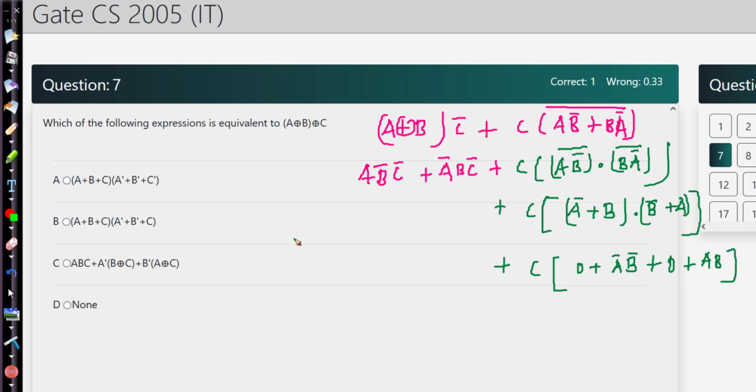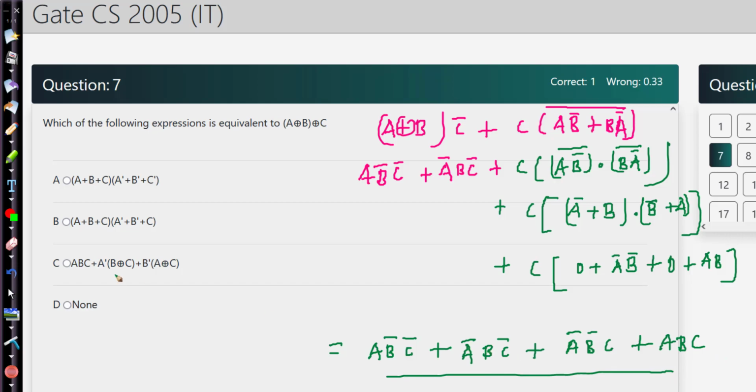So the expression A XOR B XOR C is actually equivalent to A B complement C complement plus A complement B C complement plus A complement B complement C plus A B C. Now I can see a pattern that this looks quite similar to this, but I'm not quite sure about it.